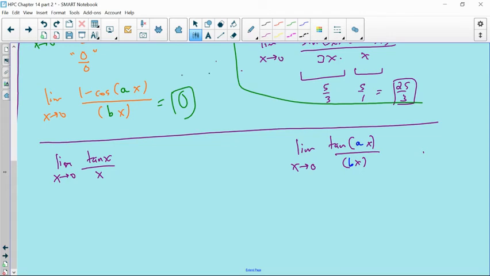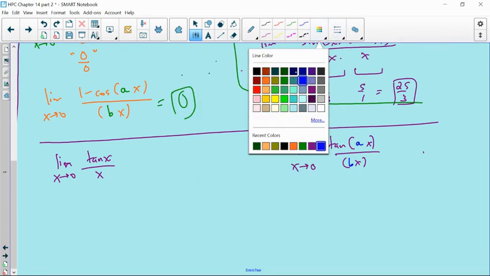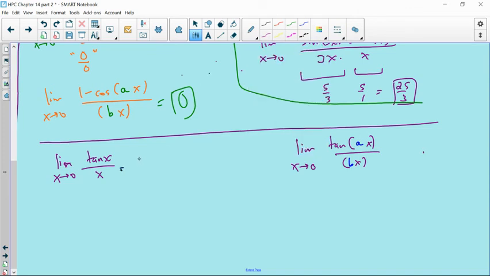Well, the thing about tangent of x is that it can always be rewritten as sine x over cosine x. So this would be the limit as x approaches 0 of sine x over cosine of x, and then divide by x. And as x approaches 0, the cosine function approaches 1.